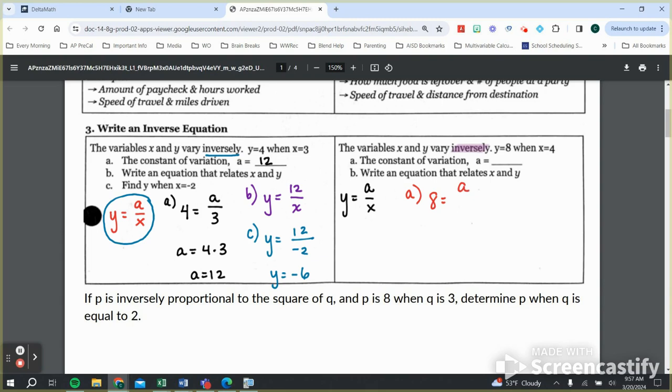My a is what we're looking for. My x is 4. So to solve for a, we do 8 times 4, which is 32. So the equation that relates x and y will be y equals 32 divided by x.